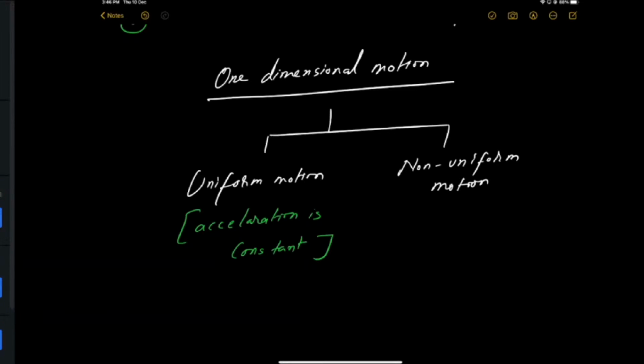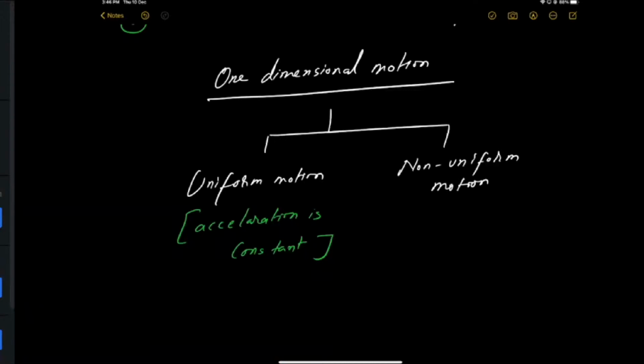That means even particles moving with uniform velocity have zero acceleration, and zero is also a constant. Even particles at rest have zero velocity and hence zero acceleration, and hence every particle at rest is also in uniform motion. Every particle moving with constant velocity is in uniform motion, and every particle moving with a constant acceleration is also in uniform motion.